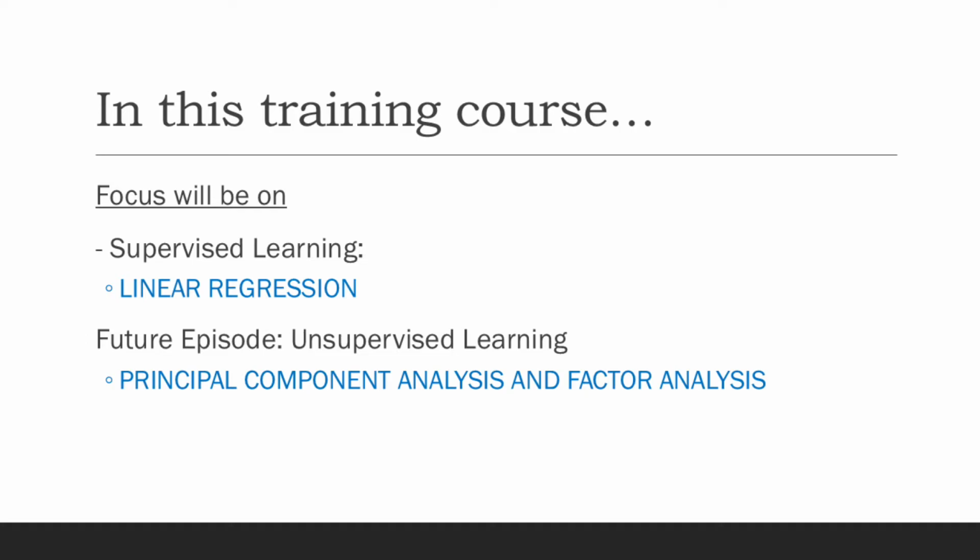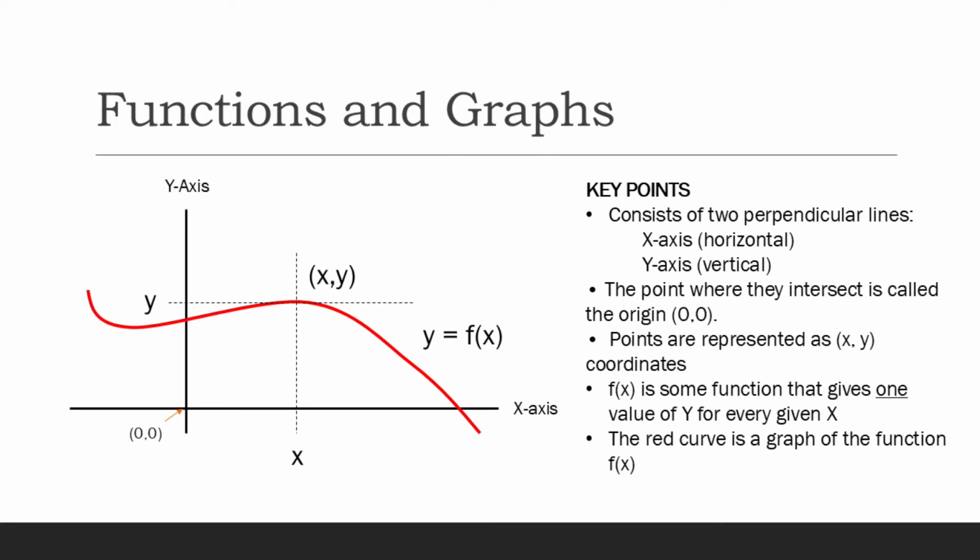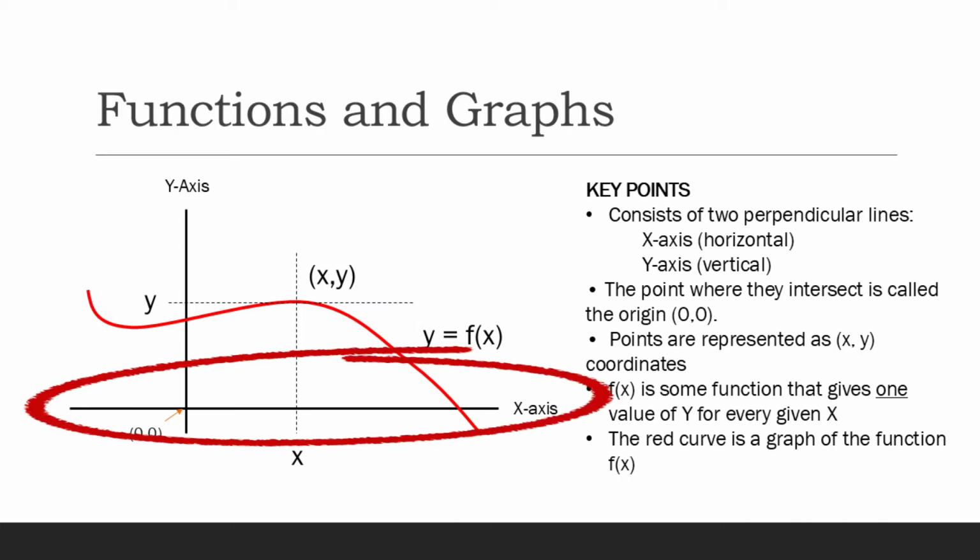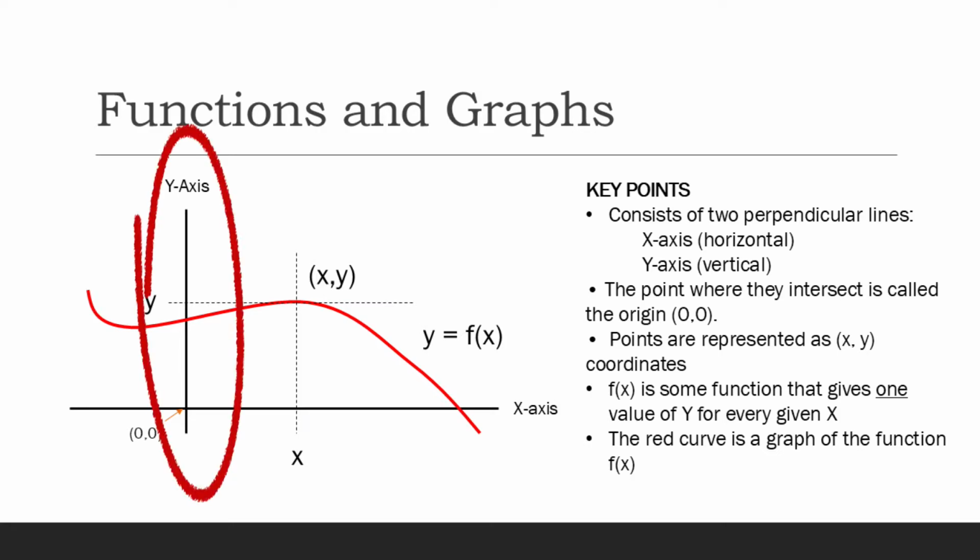So for starters, let's talk about functions and graphs. A function defines a relationship between x, the independent variable, and y, the dependent variable. Some key points. There are two perpendicular lines, the x-axis, which is the horizontal axis, and the y-axis, which is the vertical axis.